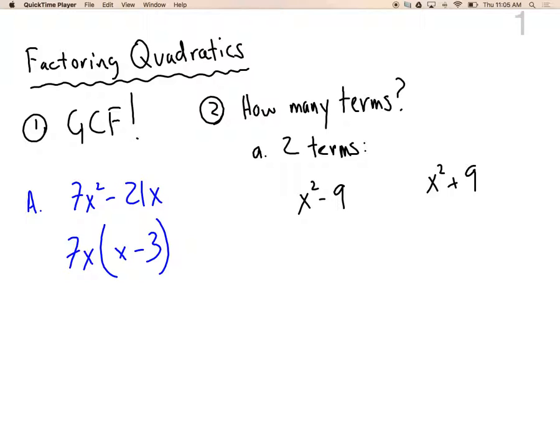This is a special case when we get perfect squares and it's a difference. So how does this factor? It's really simple. You take the square root of the first term. What's the square root of x squared? X. Minus the square root of the second term, 3, times the square root of the first term plus the square root of the second. Done. It factors nicely into two linear terms.